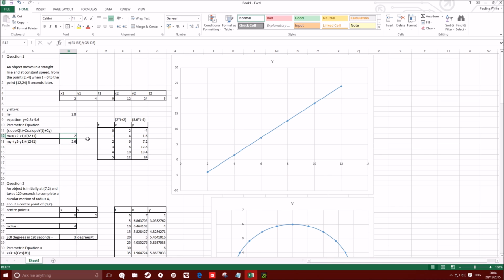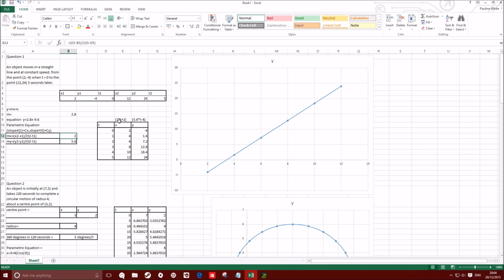The next thing you need is your starting point. At t equals 0, your starting coordinates are: x is 2 and y is minus 4.